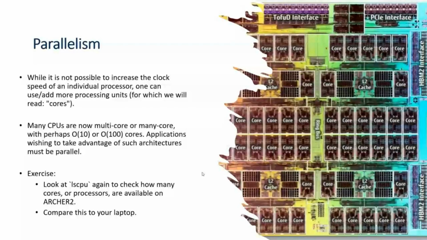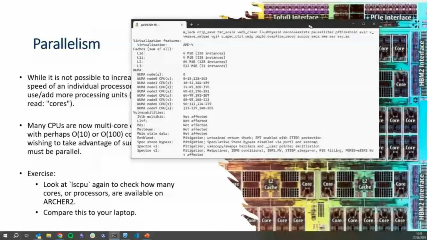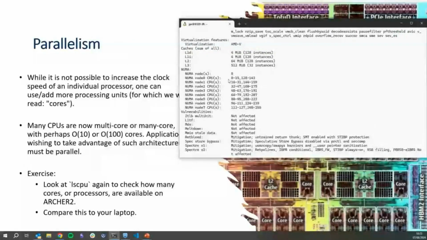With hyperthreads, this is 256, but you tend not to want to use hyperthreads. You can also see information about how these cores are arranged from lscpu. So here I have the output. You can do it for yourselves, but this is done including hyperthreading, hence why we've gone up to 256, but just halve it.